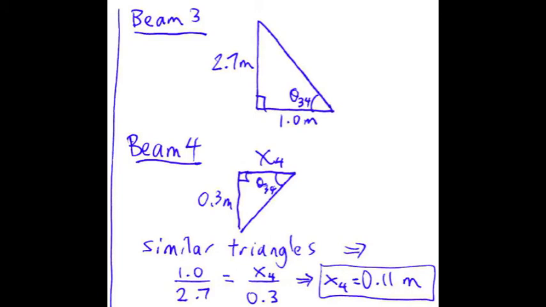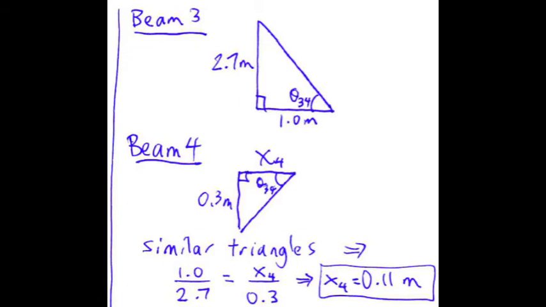Now, following a very similar procedure for beam 3 and beam 4. Beam 3 drops a distance of 1 meter plus the length of the mirror, so 2.7 meters down, and goes horizontally 1.0 meters. And there's that angle theta sub 3,4, inverse tangent of 2.7 over 1.0. Beam 4 is the tiny little beam from the bottom of the mirror to the floor.